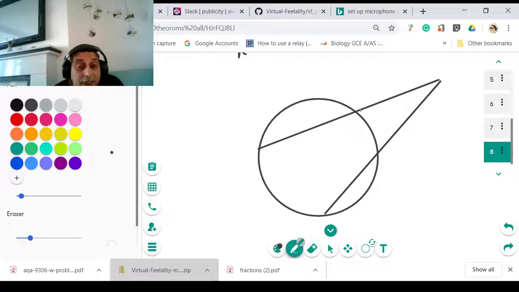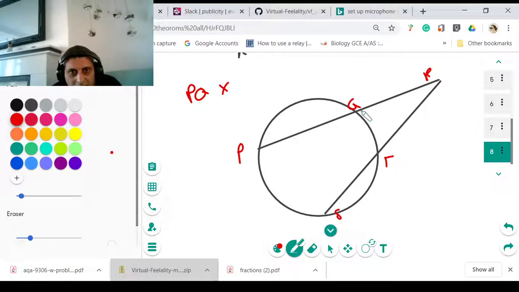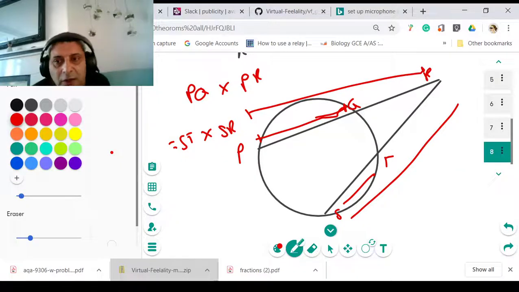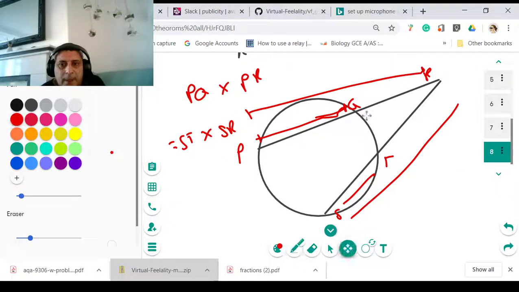And secondly, from P, Q, R, S, T: PQ times, and it is not QR, PQ times PR. So this distance here times this distance there is equal to ST times SR. Okay, now you've got two things.